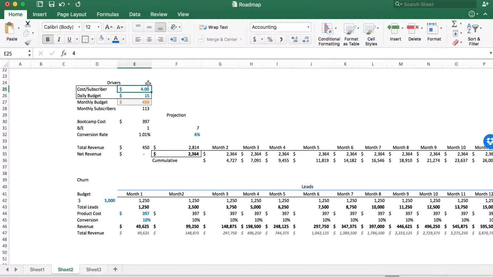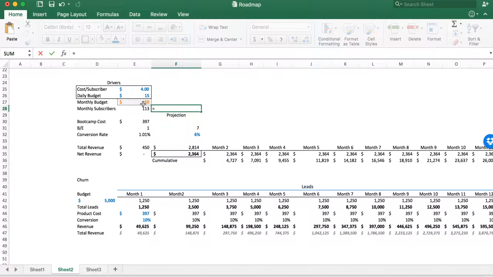So once we have this number, what we can then say is, okay, based on this budget of $450 a month, I can project that I'm going to get about 113 subscribers, right? And the way to do that is pretty simple. I'm just going to put equals my monthly budget divided by the cost it takes me to acquire a subscriber.